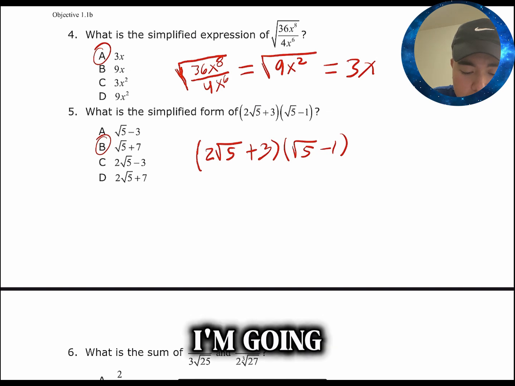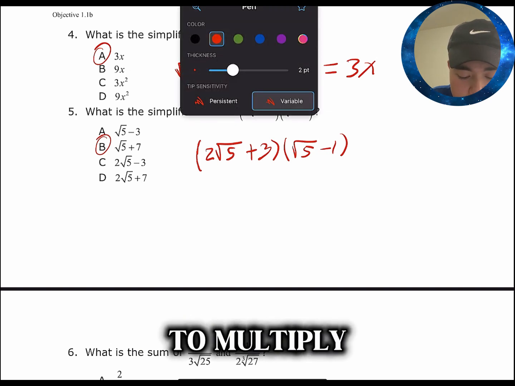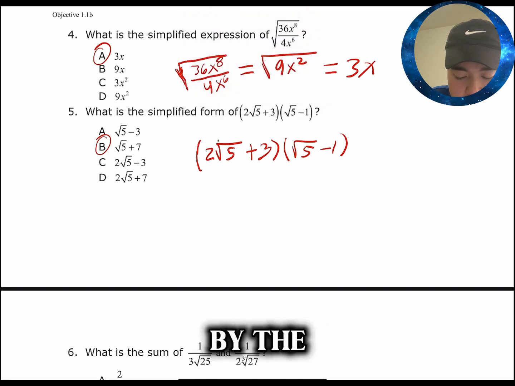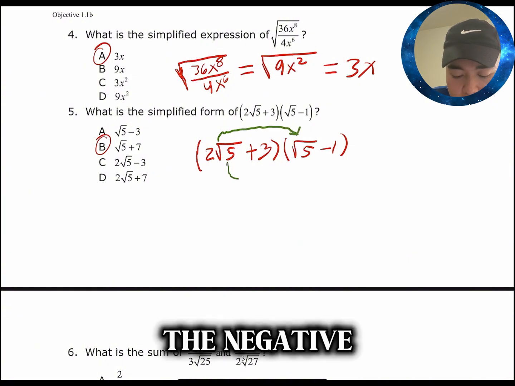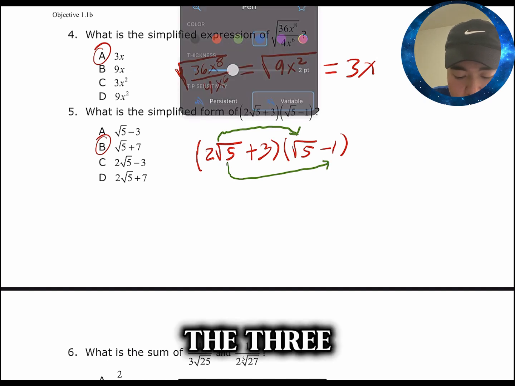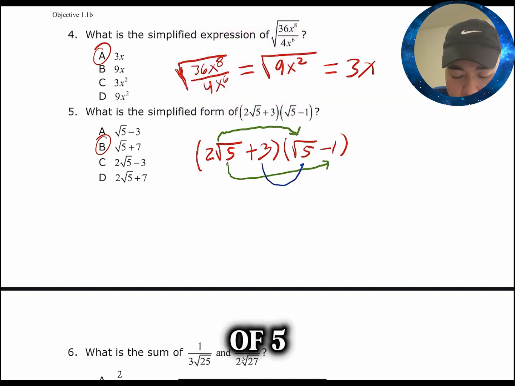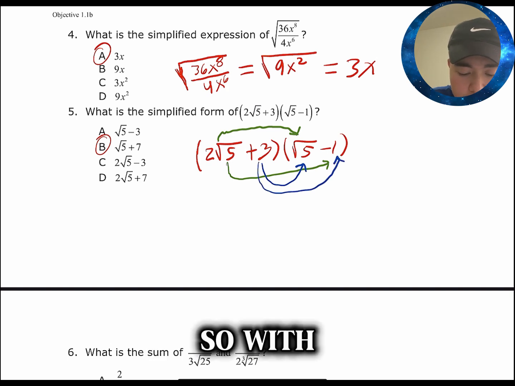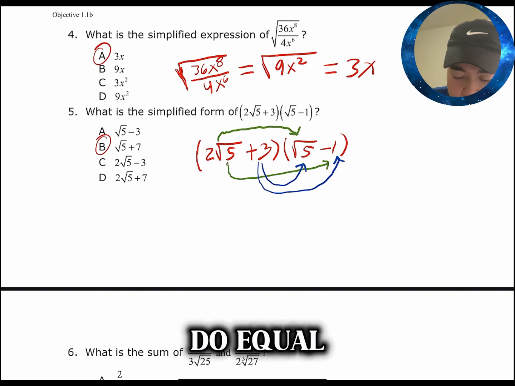For this one, I'm going to multiply this one by the square root of 5 and the negative 1, and then the 3 times the square root of 5 and the 3 times negative 1. So with that, I'm going to just do equal.